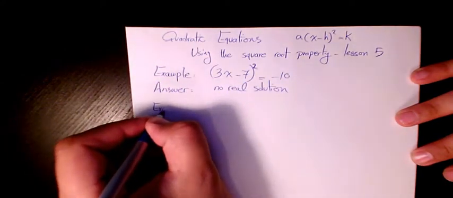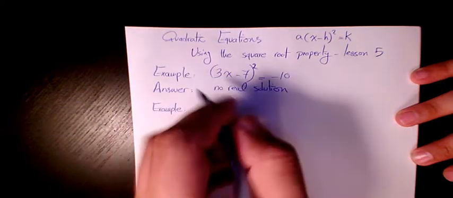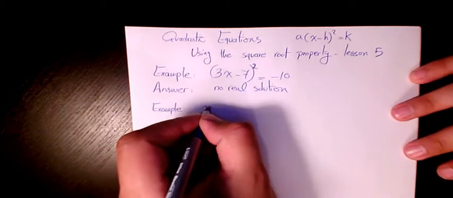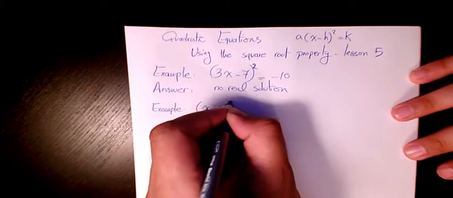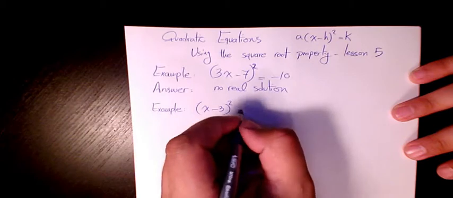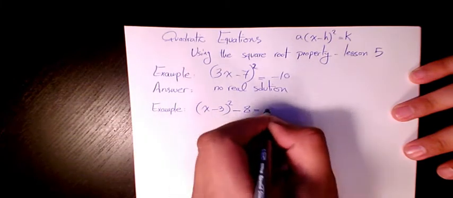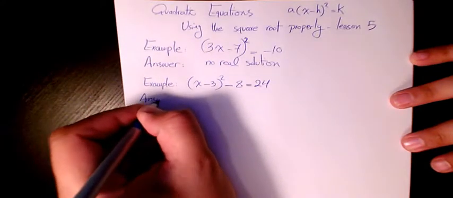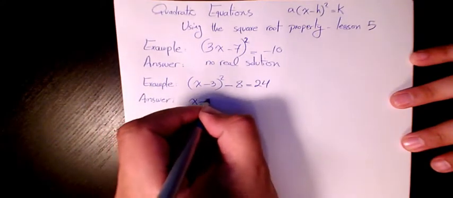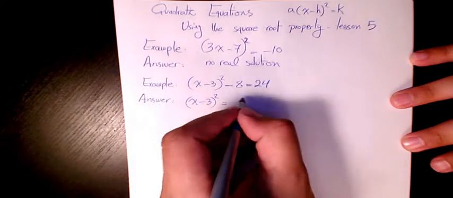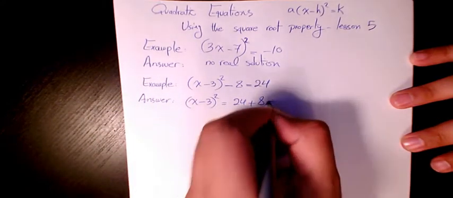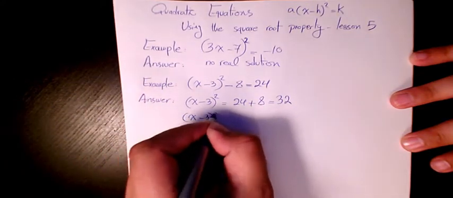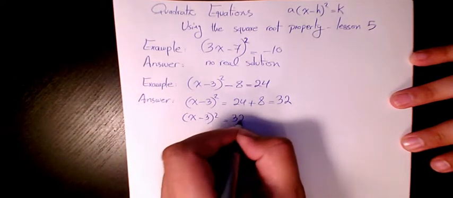Next example. (x minus 3) to the power of 2 minus 8 equals 24. Answer is (x minus 3) to the power of 2 equals 24 plus 8. 24 plus 8 is 32. So (x minus 3) to the power of 2 is 32.